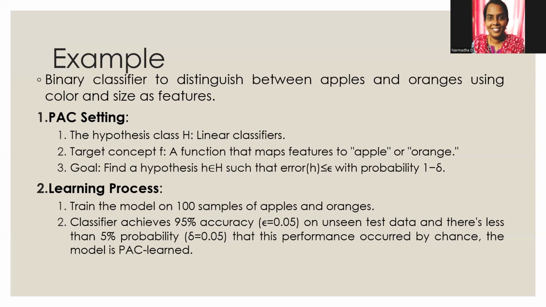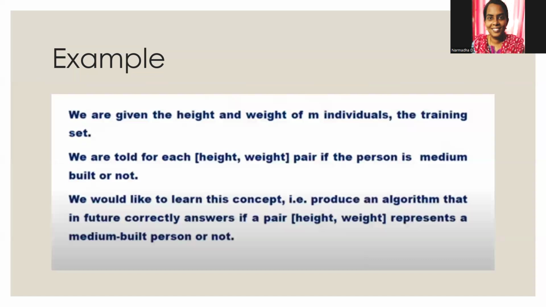There is less than 5 percent probability that this performance would have occurred by chance. So 95 percent is the accuracy and epsilon, 5 percent, is the error rate. Since epsilon is 5 percent, the probability of failure must be less than 5 percent.